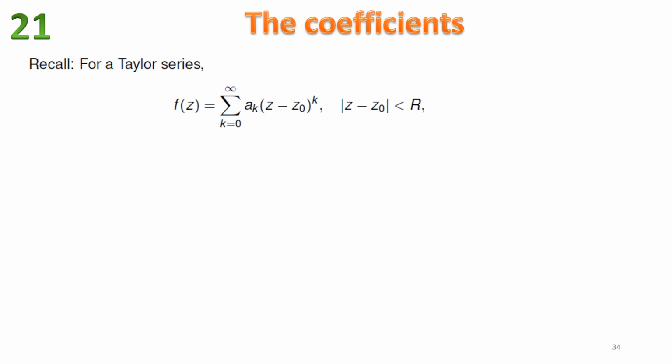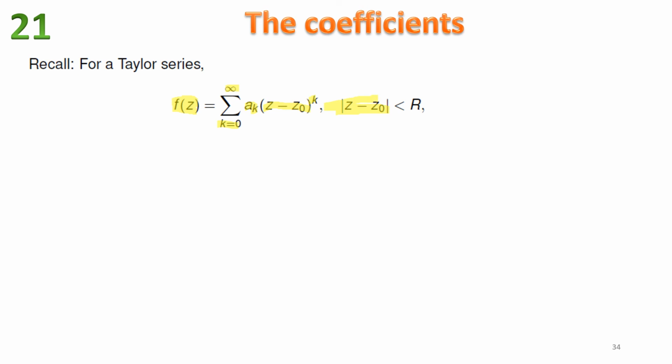So at this point, we recall the Taylor series expansion of the function: f of z is equal to the summation of a_k into z minus z0 to the power k, where k rolls from 0 to infinity, and mod of z minus z0 is less than r.